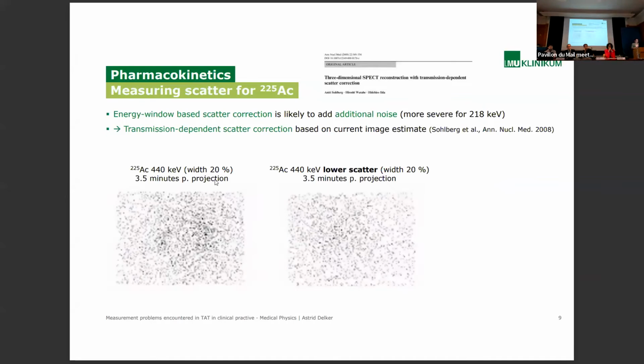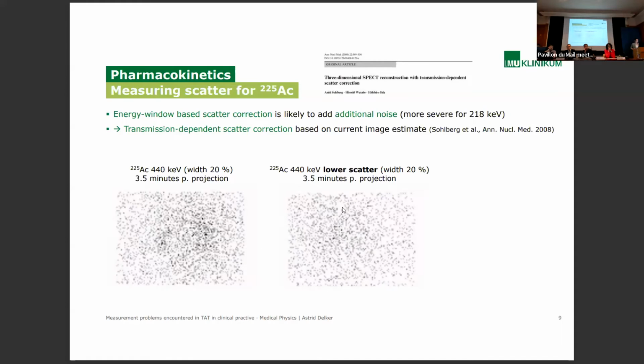The next thing we adjusted was the type of scatter correction. Normally in the clinic, you do energy window-based scatter correction, because you can just measure additional scatter projections along with your photopeak projection. However, you may remember that actinium projection from the beginning with very low counts.